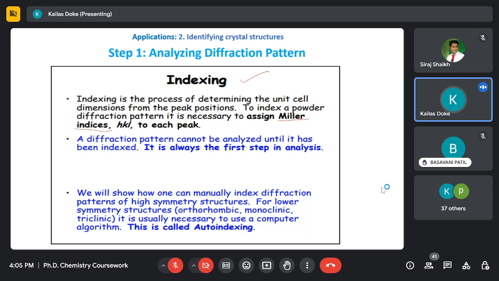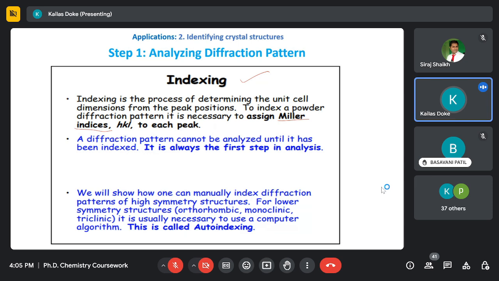Now to index the cubical structure, which is the most symmetric crystal system, you are familiar with Bragg's law, n lambda is equal to 2d sine theta, where the order of diffraction is 1. So the equation becomes lambda is equal to 2d sine theta. Here, HKL are the indices, which we call Miller indices.